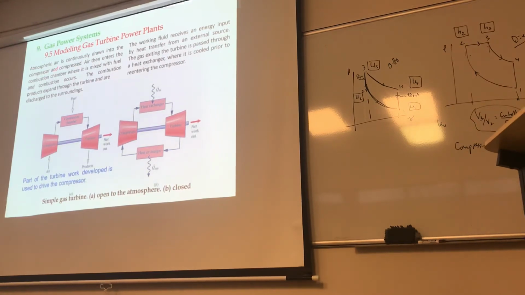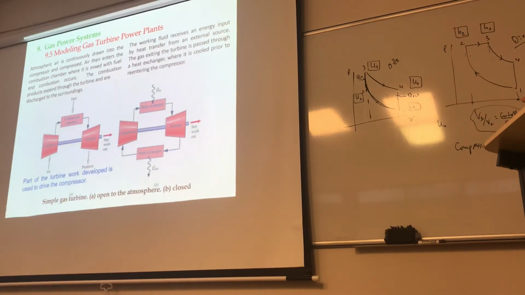It says atmospheric air is continuously drawn into the compressor and compressed. This is the open-to-the-atmosphere one. Air then enters the combustion chamber where it is mixed with fuel and combustion occurs. The combustion products expand through the turbine and are discharged to the surroundings.